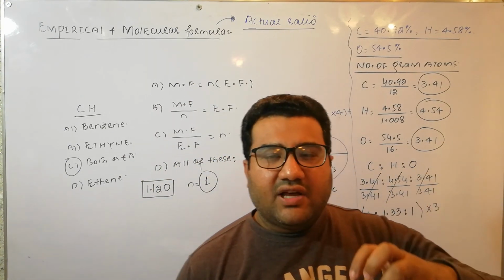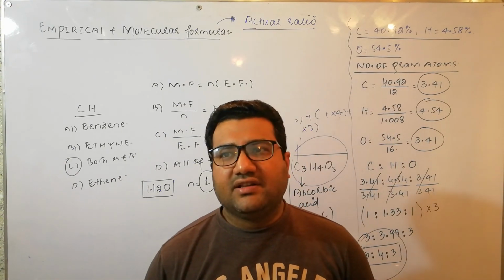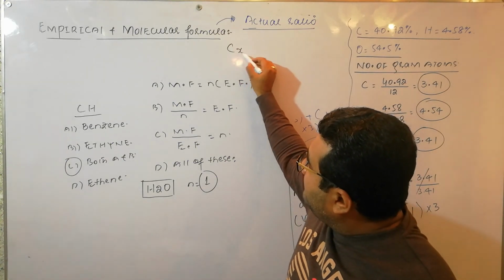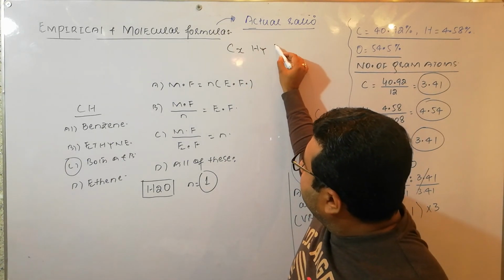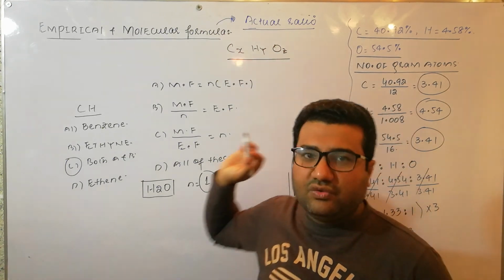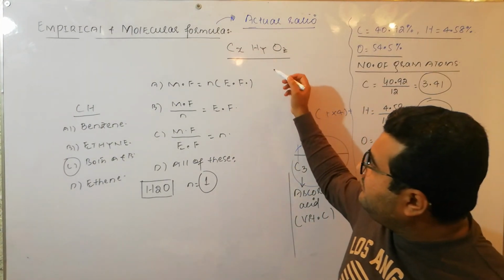The empirical formula of two different compounds can also be the same. Let me give you another example. Suppose I say that the empirical formula of a compound is CxHyOz. What will be its molecular formula?